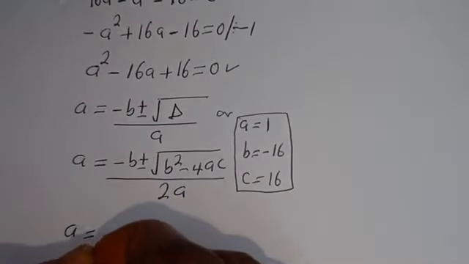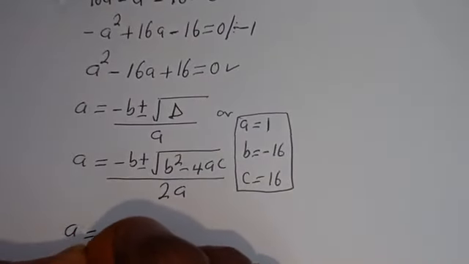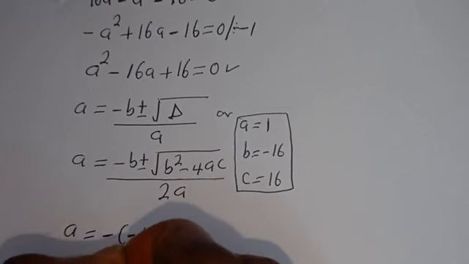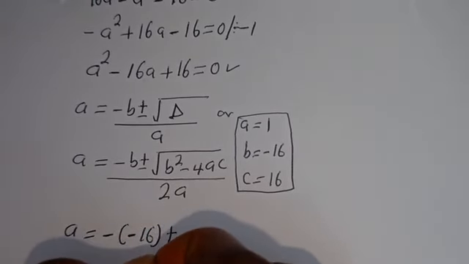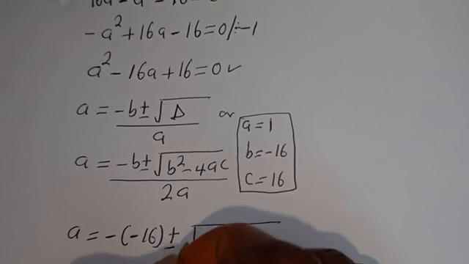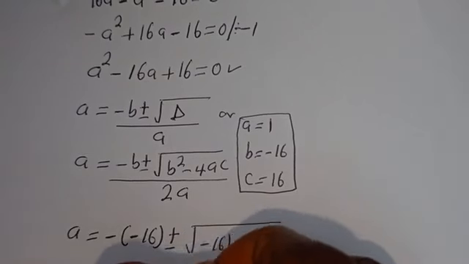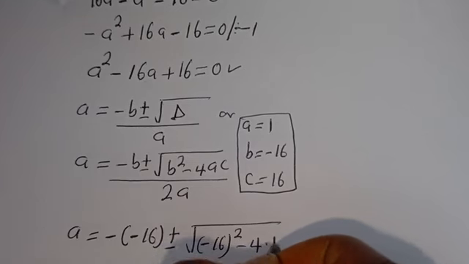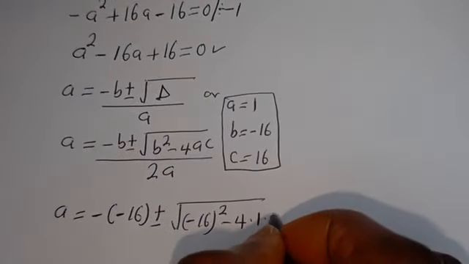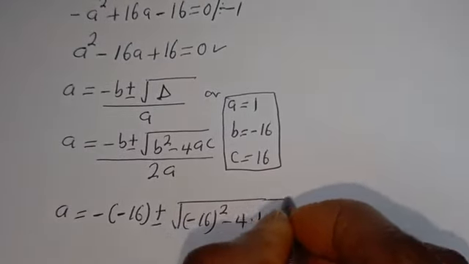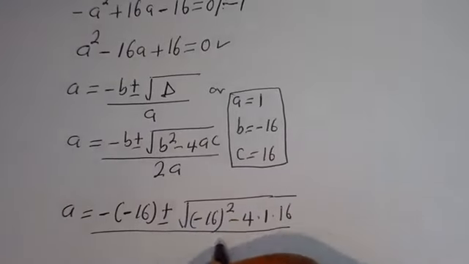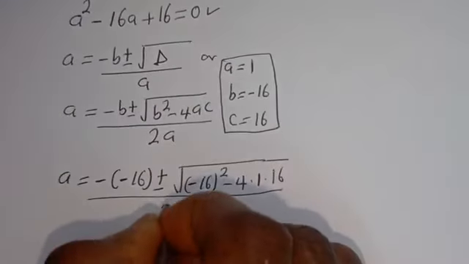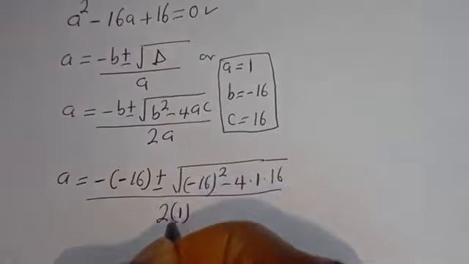A is equal to minus bracket minus 16 plus or minus square root of minus 16 squared minus 4 multiplied by 1 multiplied by 16, over 2 multiplied by 1.